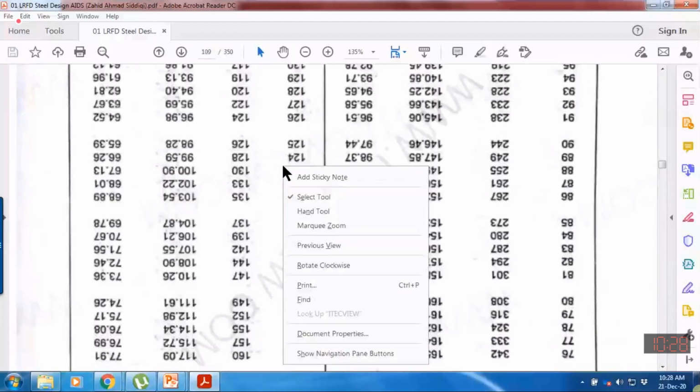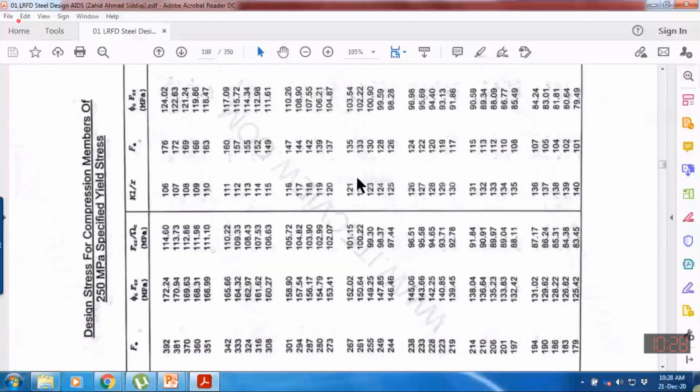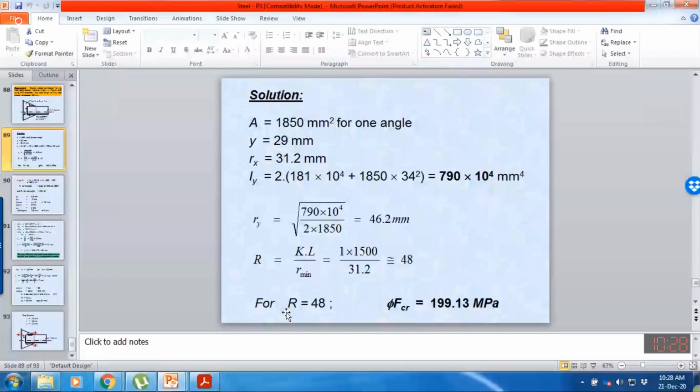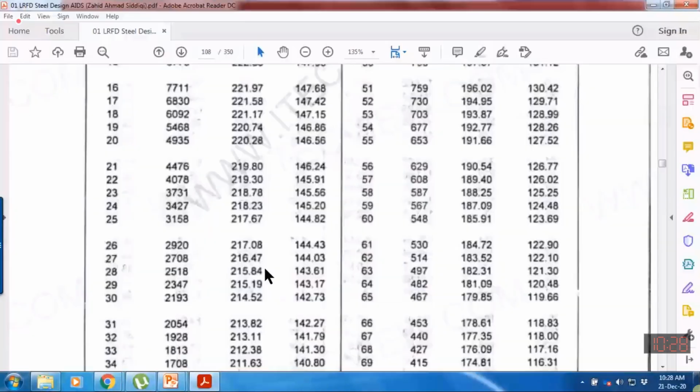So now the capacity 50. So we are directly computing the 50% capacity. So the compressive capacity is equal to phi C FCR value into the gross area of two angles because that is a built-up section. So the 50%, we have already computed the 50% capacity divided by half. So the 50% capacity is 368.4 kilonewton.